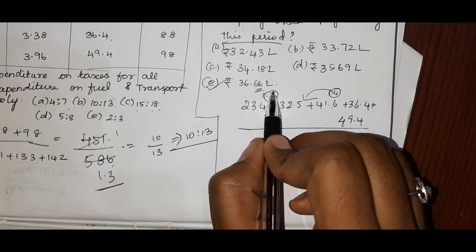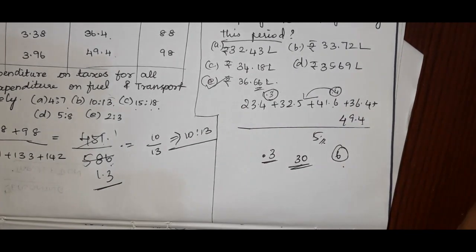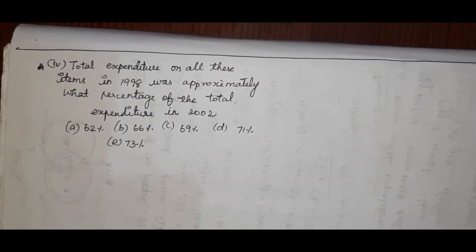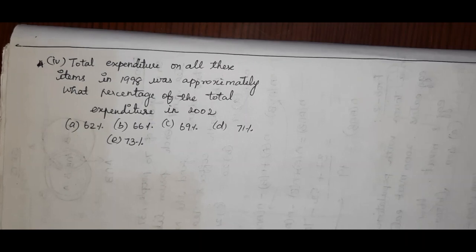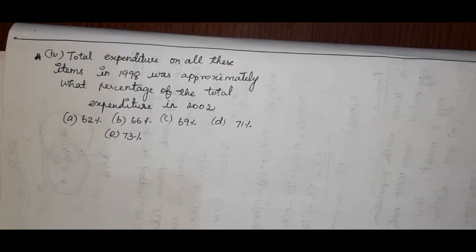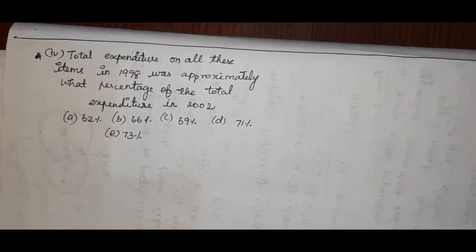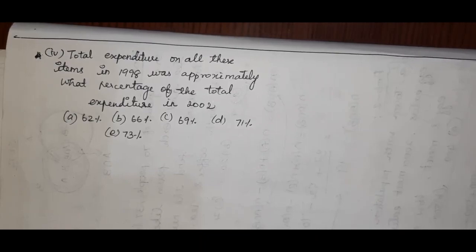This is very easy, right? So let's move on to the fourth question. Question: total expenditure on all these items in 1998 was approximately what percentage of the total expenditure in 2002? So we have to compare the ratio between the 1998 values and 2002 values, where we have to perform the percentage with 2002 values alone.